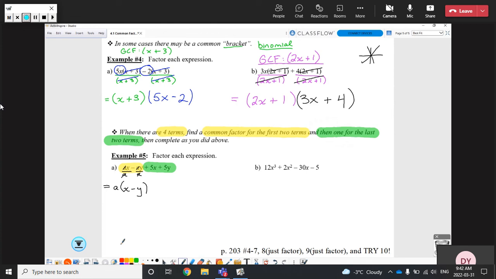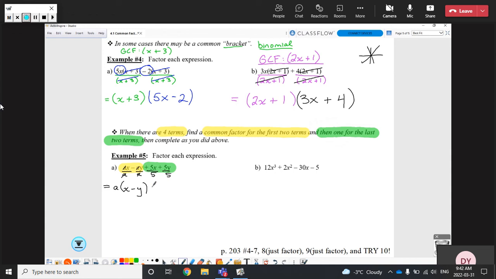Now, for the green, we have positive 5X plus 5Y. What's the greatest common factor here? It's 5. So we're dividing the first term by 5, second term by 5. Now it was a positive 5, yes?